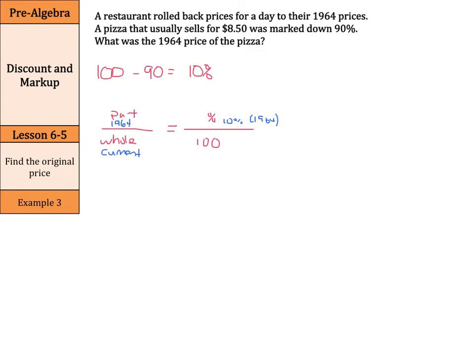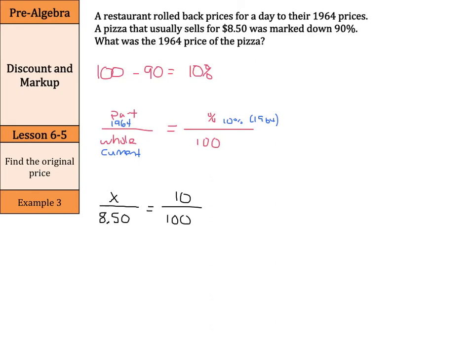So as we make these substitutions, your part is X, because we're looking for the 1964 price, over the $8.50 that we're currently paying for that pizza. We're going to set that equal to 10 over 100.